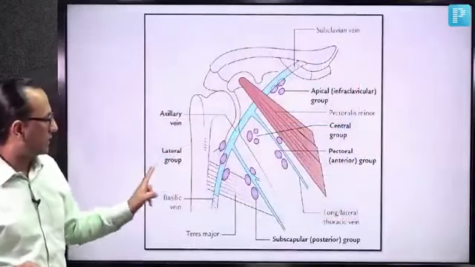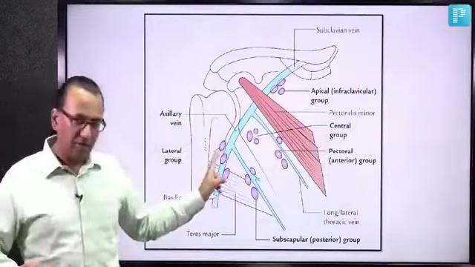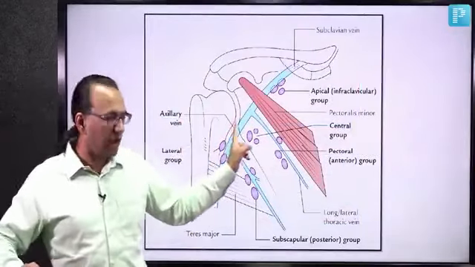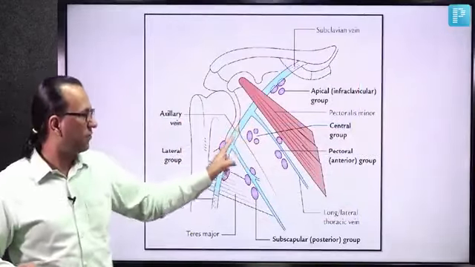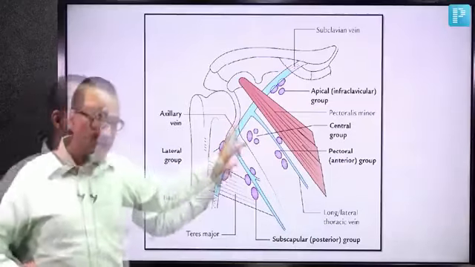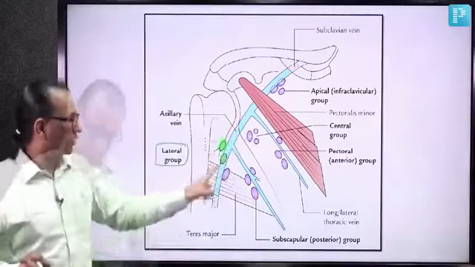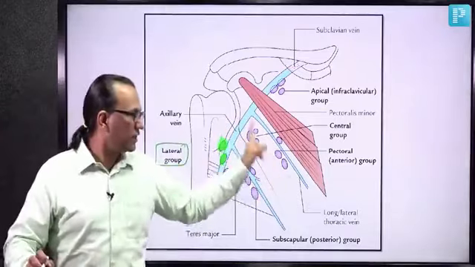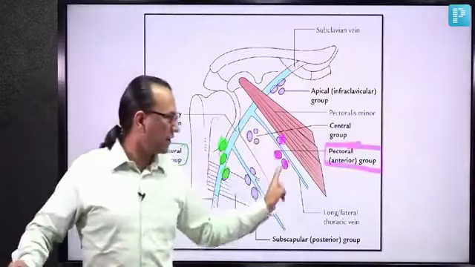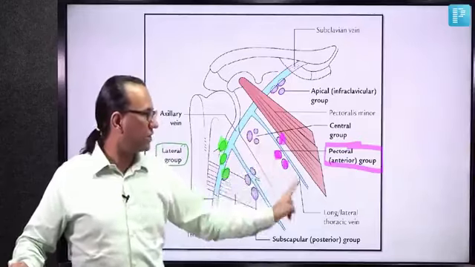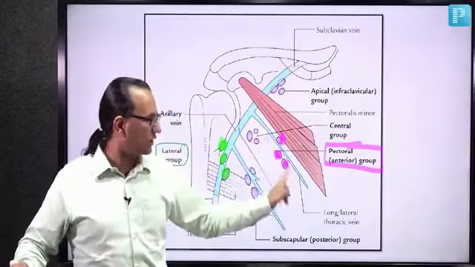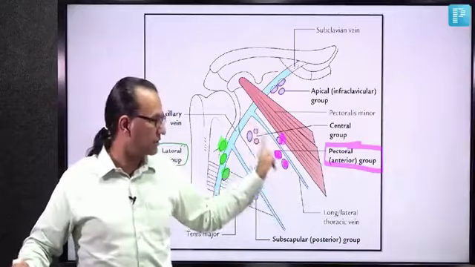So as you can see, there is the laterally running vein, which is the axillary vein, and along with that there are some lymph nodes, and they will be called the lateral axillary lymph nodes, which are shown here. Then we have the anterior axillary lymph nodes, which run with the lateral thoracic artery and lateral thoracic vein along with the pectoral muscles there.